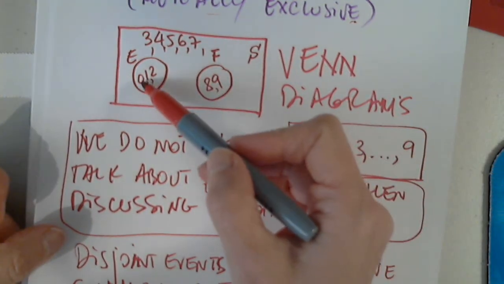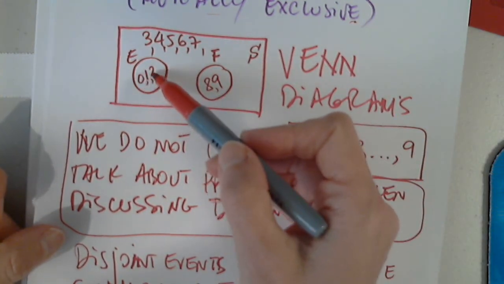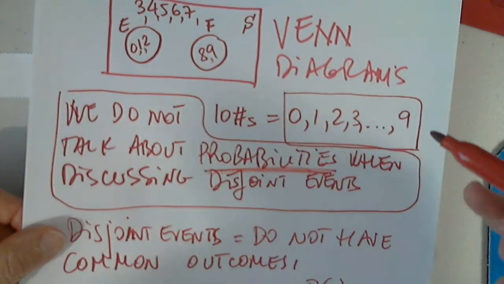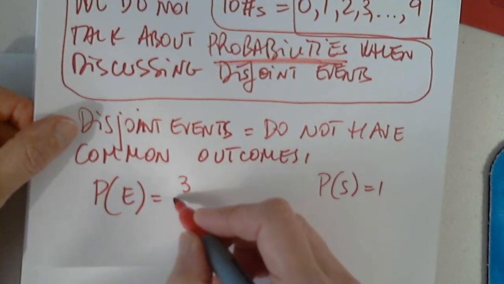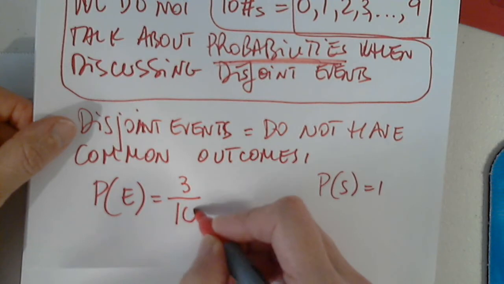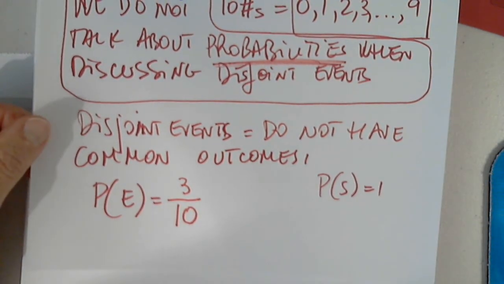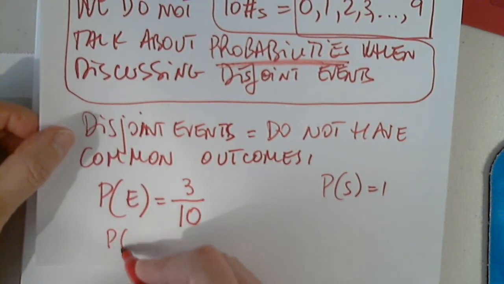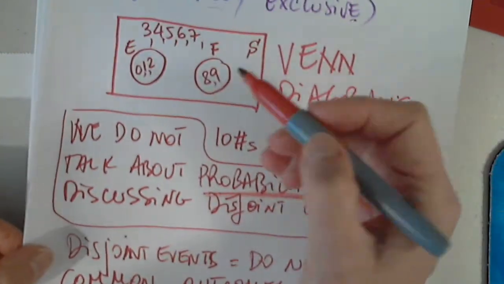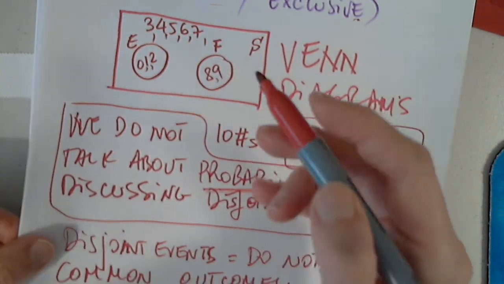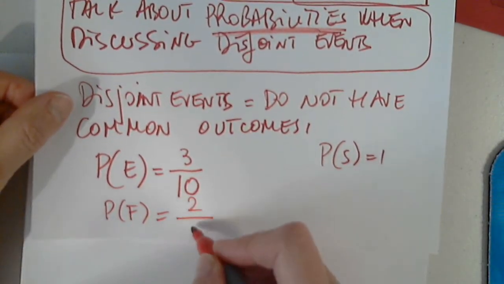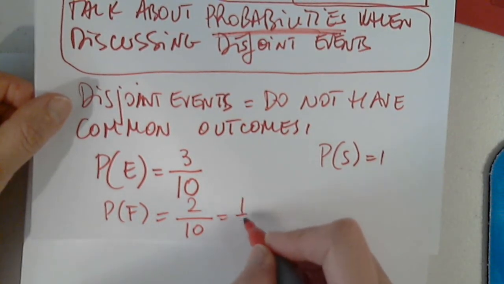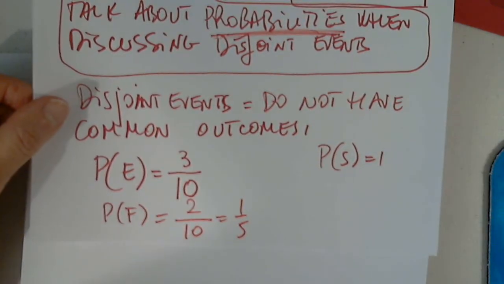So, if I get a 0 or 1 or 2, and I have 10 numbers, there are 3 possibilities out of a total of 10 numbers. What is the probability for event F? There are 2 possibilities, in other words, 2 outcomes divided by 10. Yes, I will simplify this into 1 over 5.